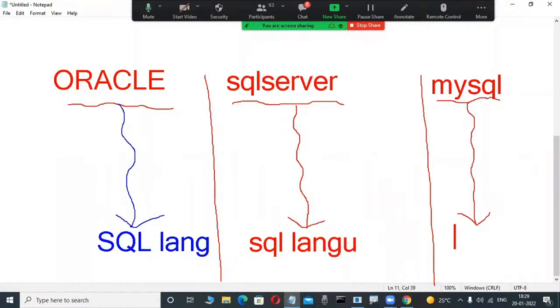They operate the MySQL database also using SQL. So the SQL language is a universal language. Now what is my doubt?